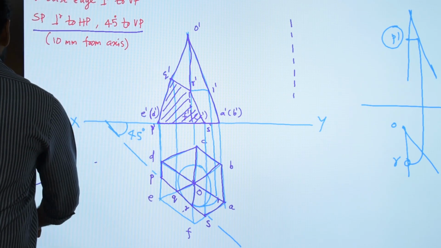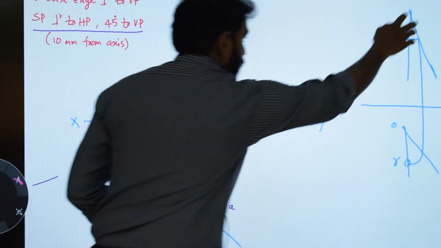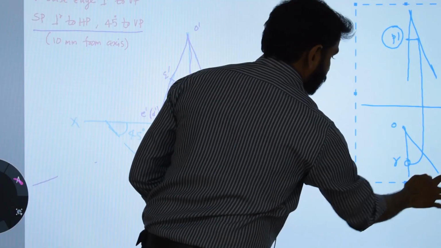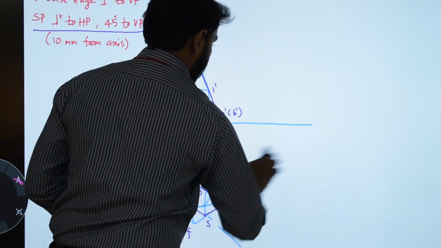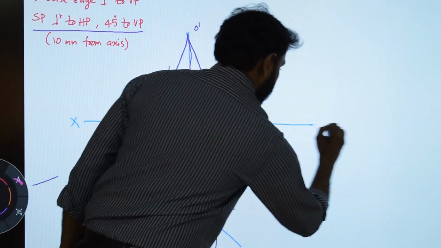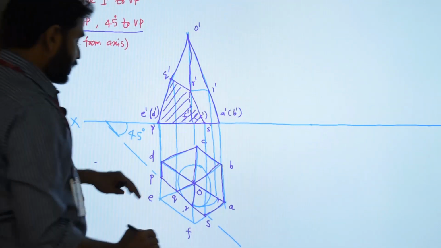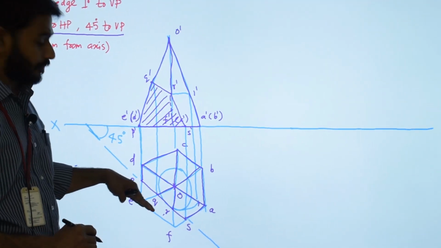Now we need to draw the true shape of the section also. You are asked to draw the true shape of the section. Here the section plane is not parallel to the XY line, so make it parallel to the XY line.